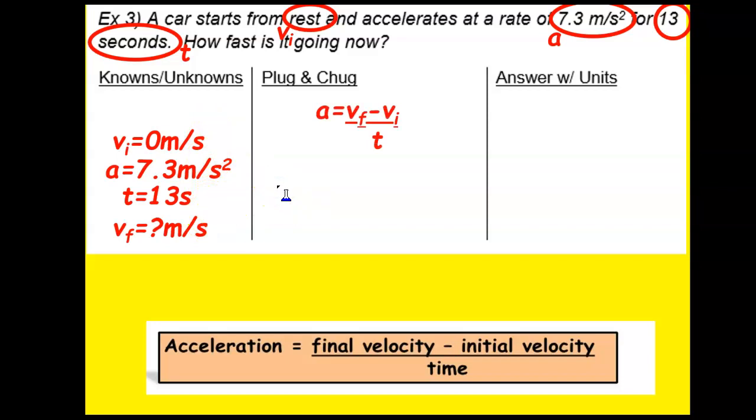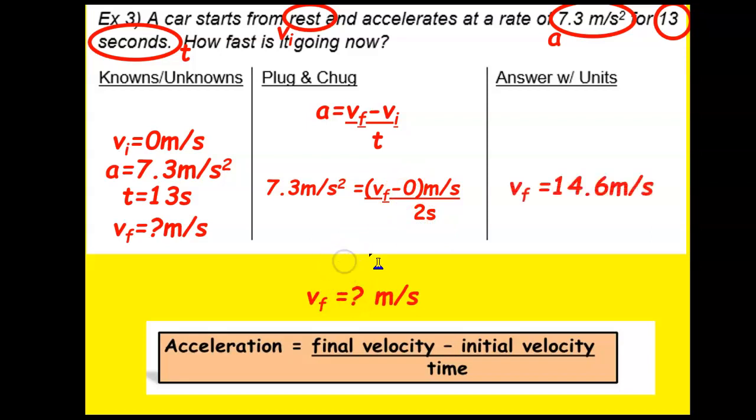I have my formula, and I plug in everything that I've been given. So here you see I'm solving for Vf. Vf minus 0 makes Vf, divided by 13 seconds. So if I'm solving for that, I'm going to multiply the 13 times the 7.3 to get my final velocity.